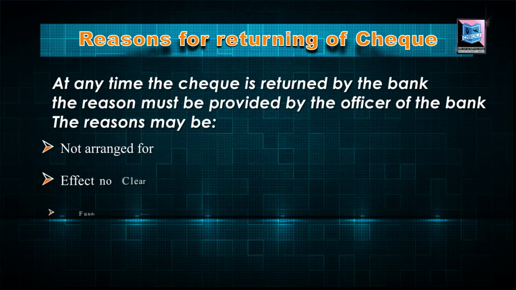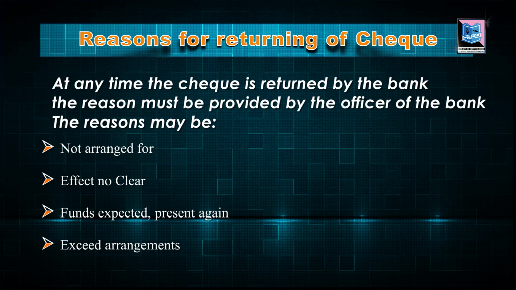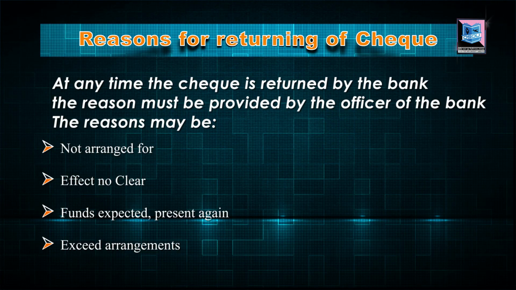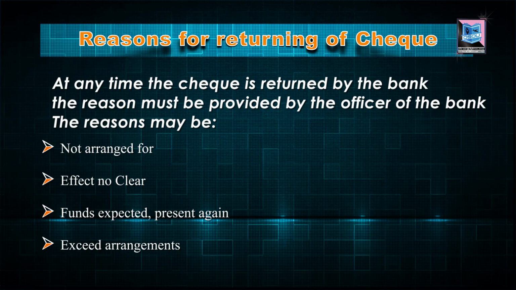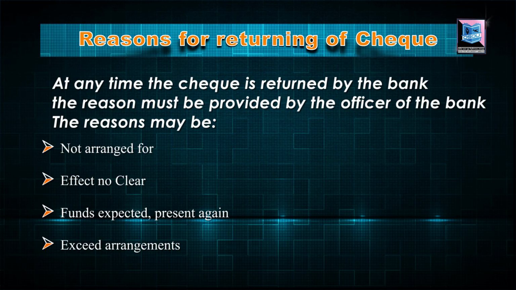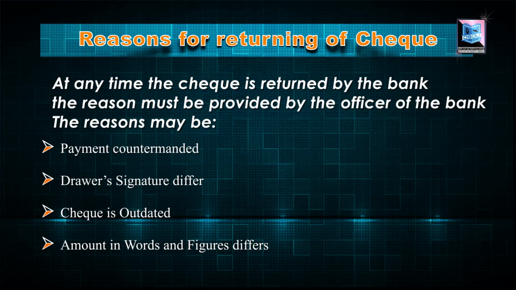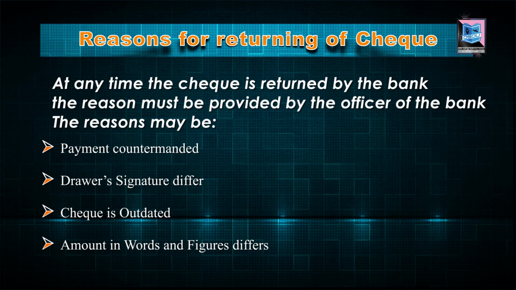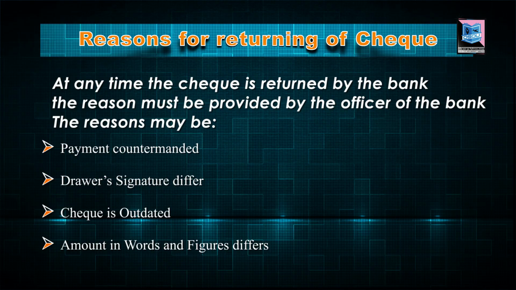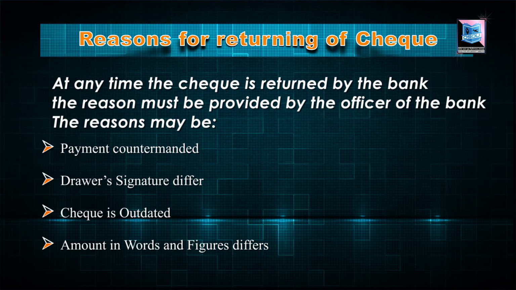At the time the check is returned by the bank, the reason must be provided by the officials of the bank, and these reasons may be like: not arranged for, when the party has not made the arrangements required for honor of the check; effects not cleared, funds expected; present again, exceeds arrangements; payment countermanded, when the payment has been stopped by the drawer himself; drawer's signature differs; check is outdated; amount in words and figures differ. So these are all the reasons when checks may be returned by the bank.